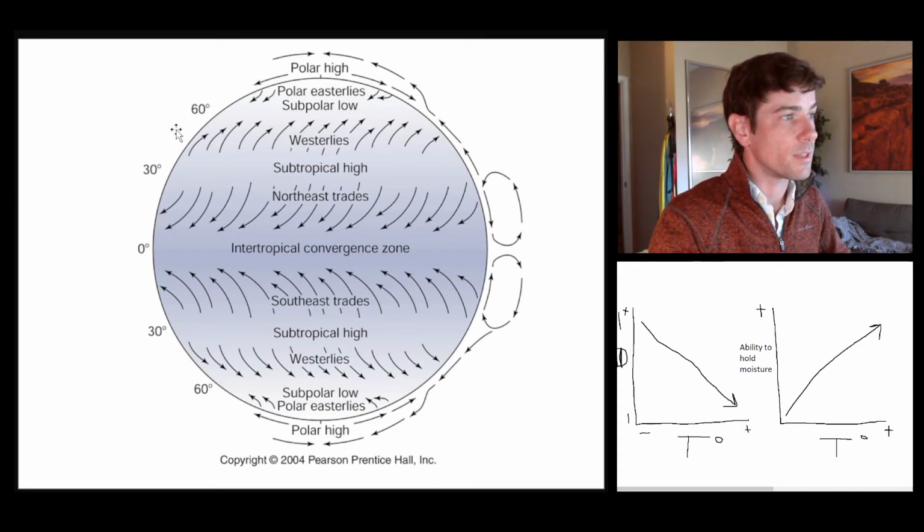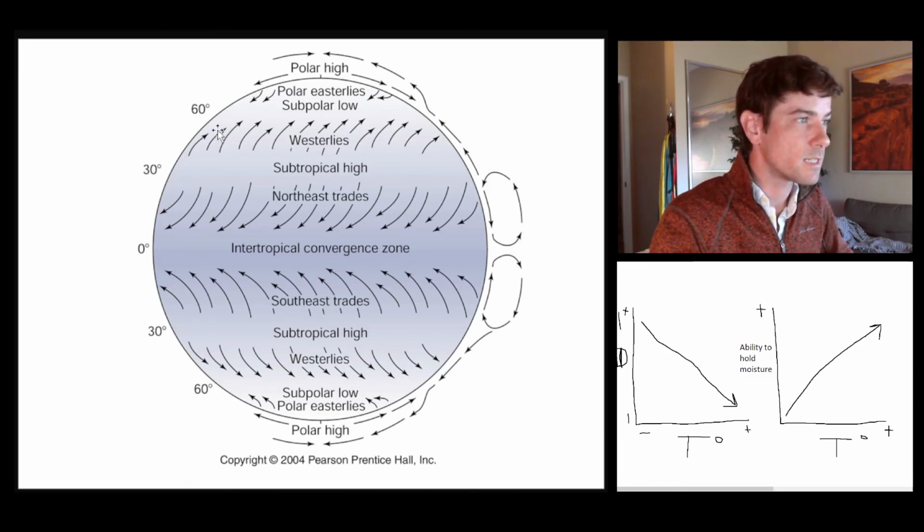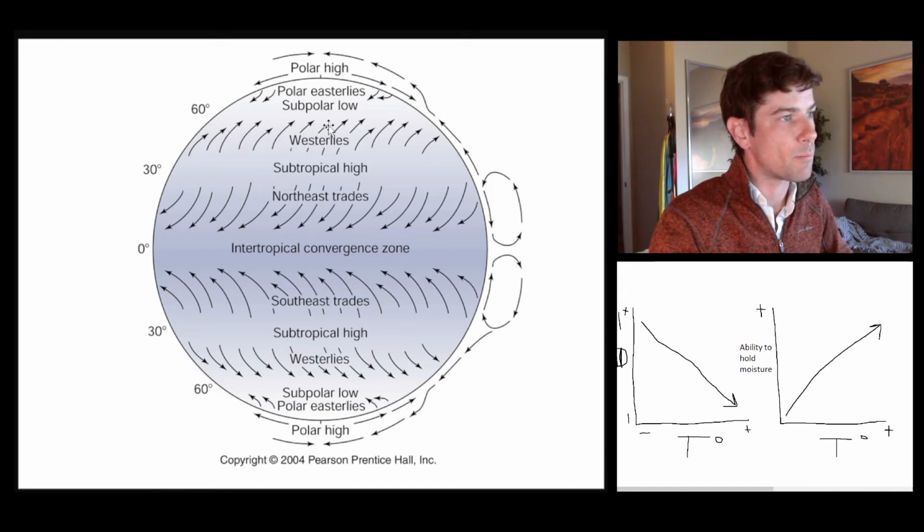Similarly, if you look at the circulation cell up here between 30 and 60 degrees, you find winds that are consistently blowing from 30 degrees towards 60 degrees, but in the northern hemisphere they bend to the right, and they coalesce into a band known as the westerlies. In North America we call it the jet stream.